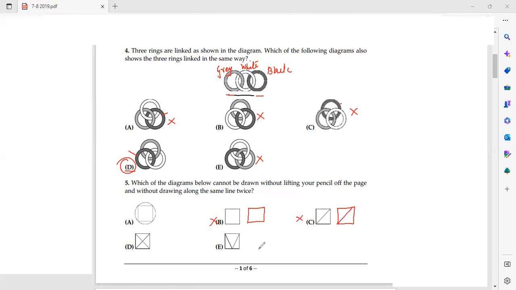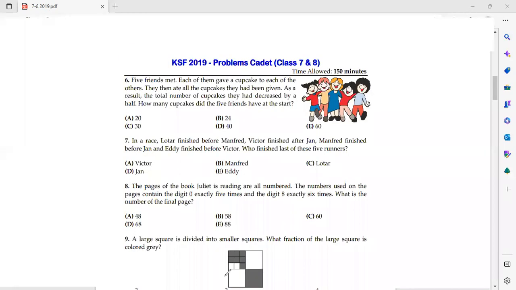So again, C is not my answer. We can draw E. So E is not my answer. So the answer for question number 5 will be option D, which we cannot draw without drawing the same line twice.